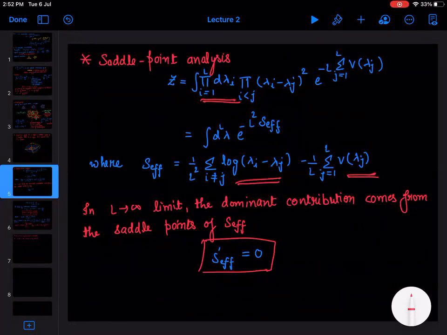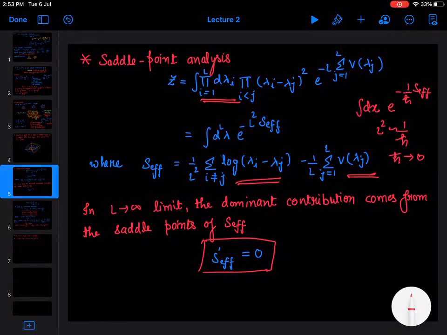Yes, so what we usually have in a path integral is the integral of dx e to the power of 1 over h-bar times S effective. So we can identify this L with 1 over h-bar, and our classical limit, h-bar going to 0, is nothing but L going to infinity here.